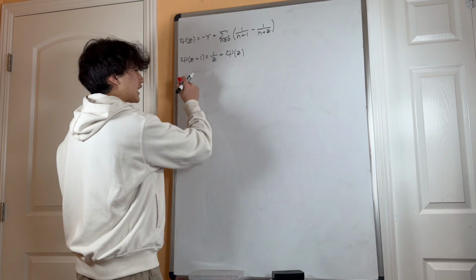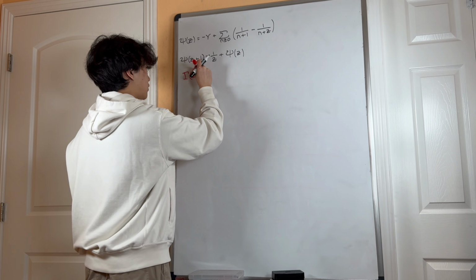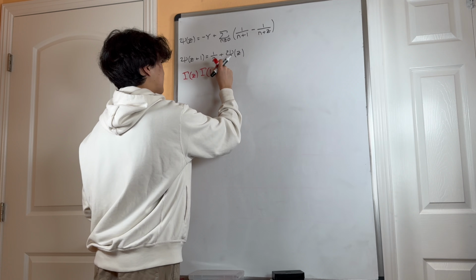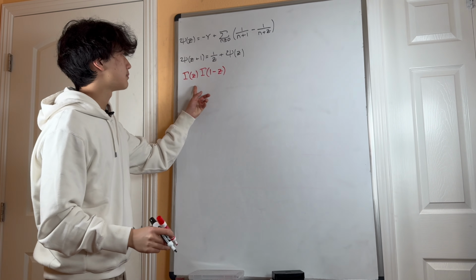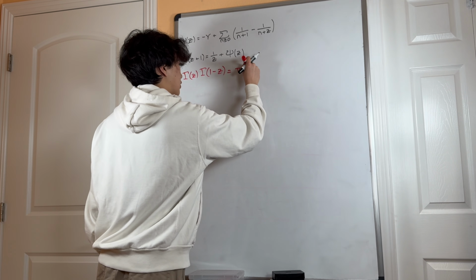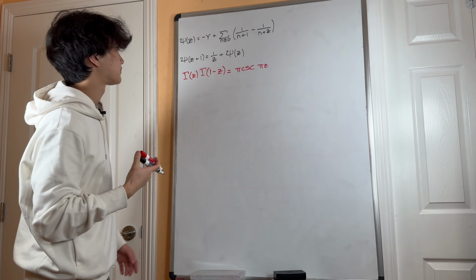Well, we have the gamma function's reflection property, which is also known as Euler's reflection formula, which said that if you took gamma of z and you multiplied it by gamma of 1 minus z, then you get pi times the cosecant of pi z, which I derived in an earlier video.